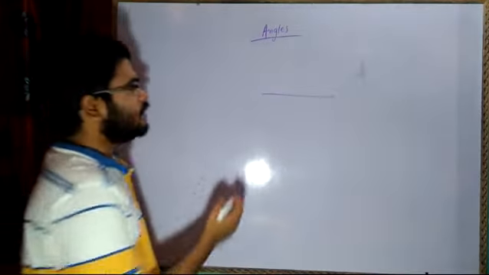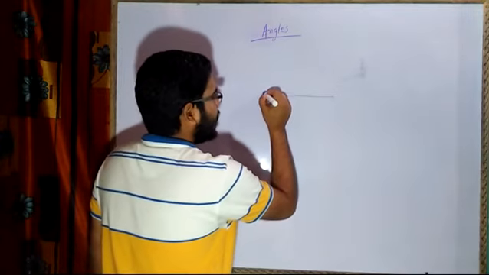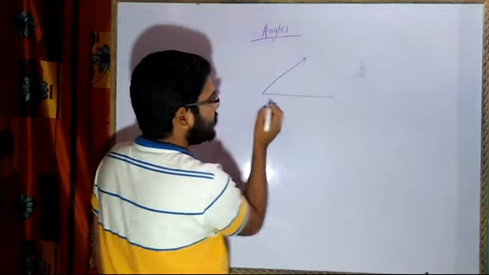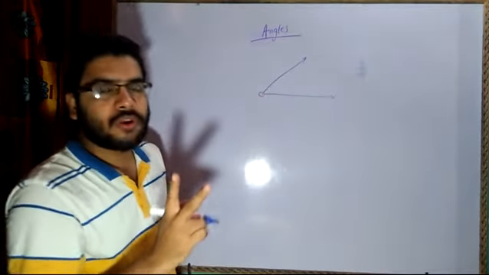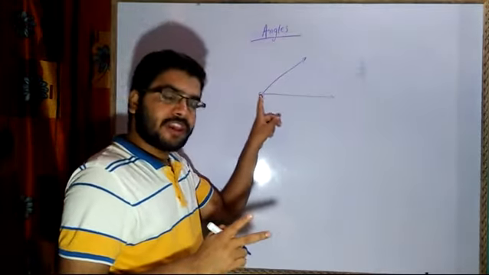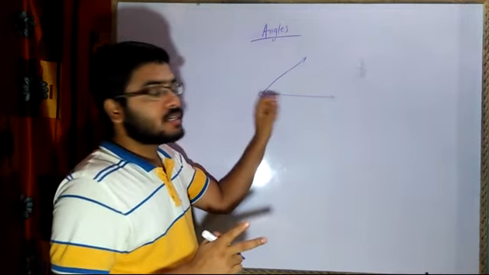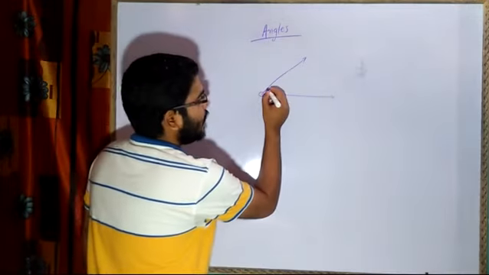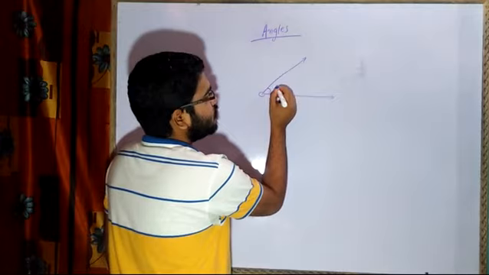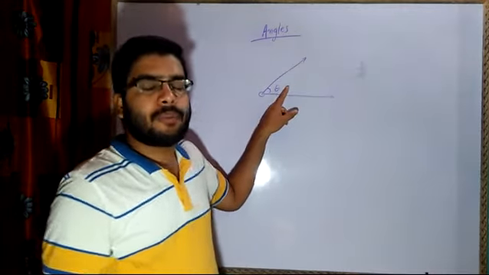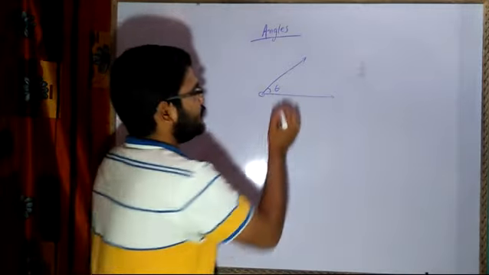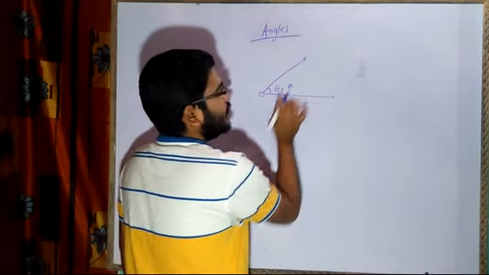If I have another ray having that same fixed point, then two rays having the same fixed point are said to form an angle, say for example theta. This is a symbol for the measurement of angles. We can name this as A also, angle A.